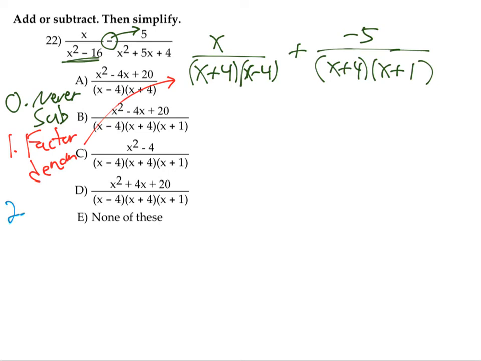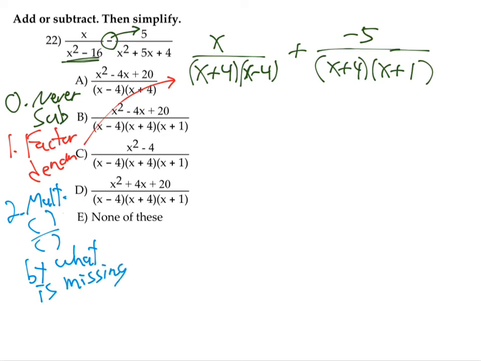Next step, remember what we do on these steps? Next step is we give them what they're missing, right? Multiply top and bottom by whatever's missing. All right, so we talked about comparing with your neighbors, right?